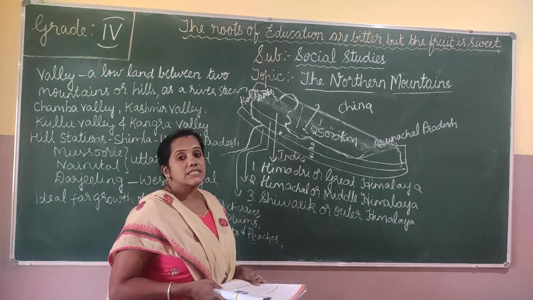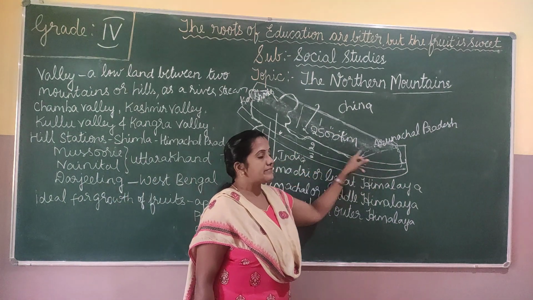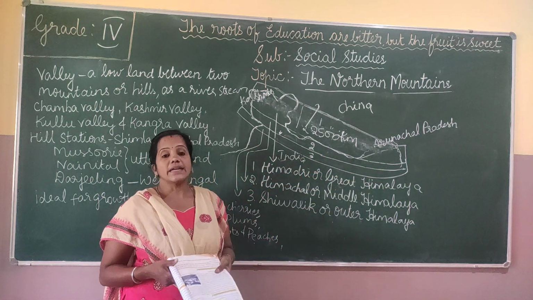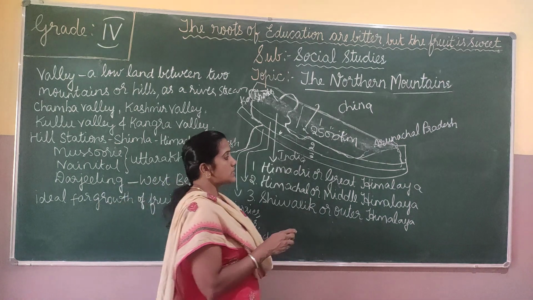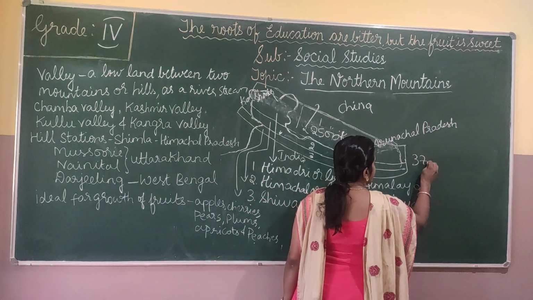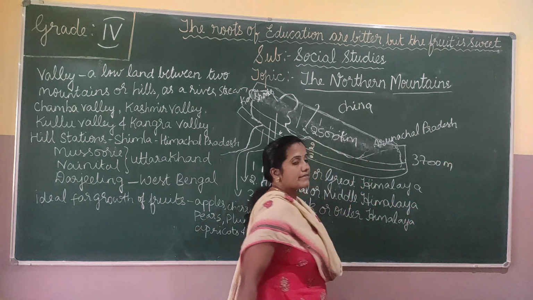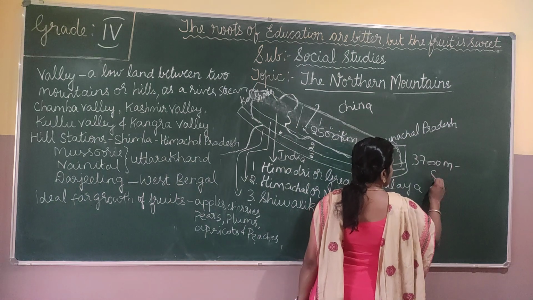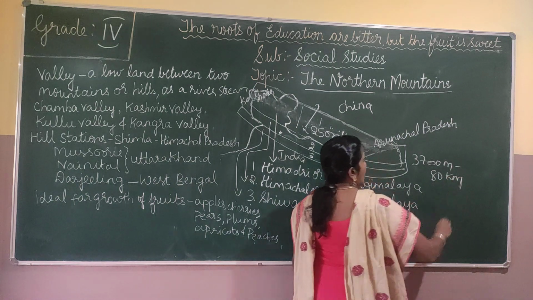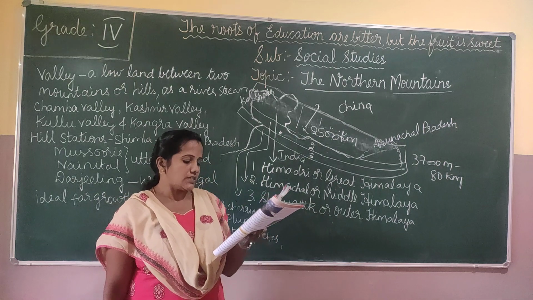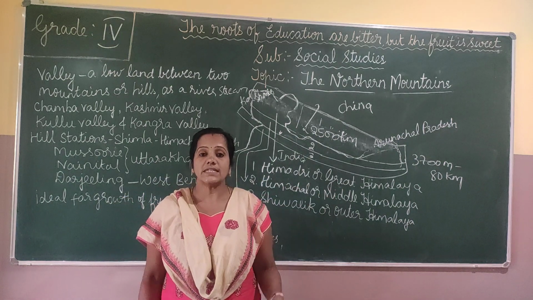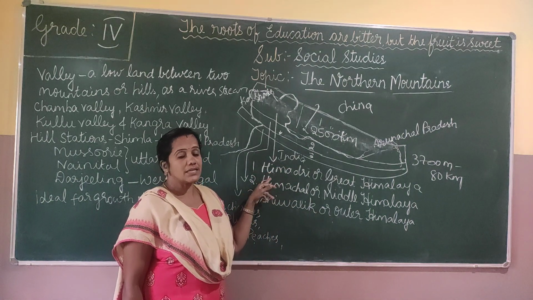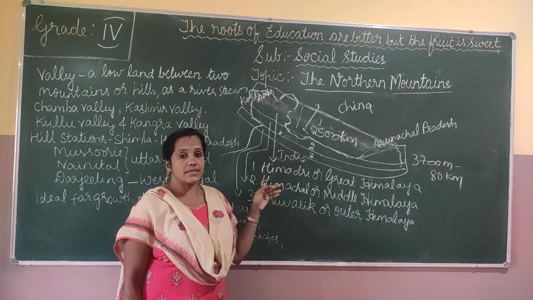It extends from the east to the west, and the altitude is 3,700 meters and the width is about 80 kilometers.